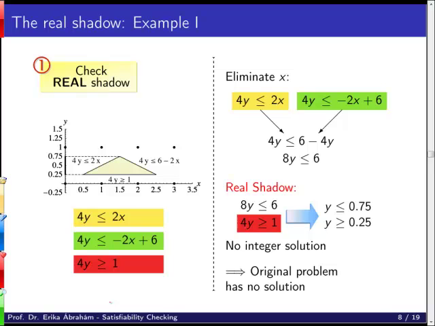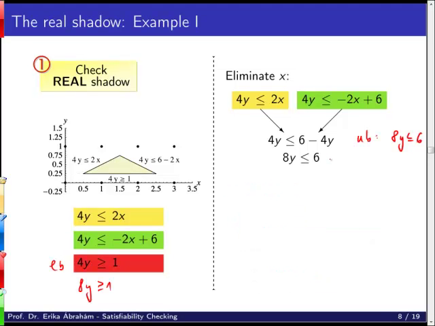So what I get from the real shadow is, sorry, so from that I'll say 2. Multiplying by 2, I get that 8y is larger or equal 2. From here I get that 8y is less or equal 6.